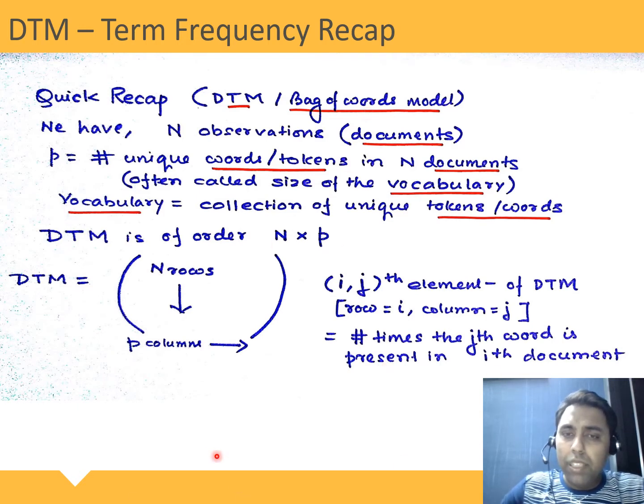So the ijth element of the DTM, the element corresponding to row number i and column number j, means the number of times the jth word is present in the ith document.